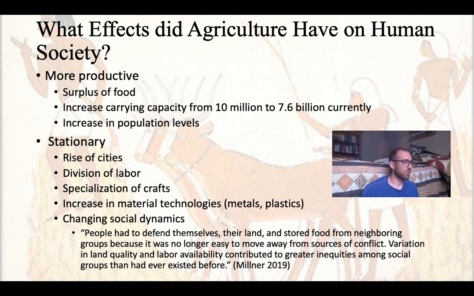So now we have your farmers who have the best land, and maybe they're going to be more productive, they're going to make more money. Or now, because you have your farmers, you have people who can specialize in these other crafts, and they can produce these things, and they can make more money, and all of a sudden you start to see this inequality among social groups. So, another effect of agriculture.